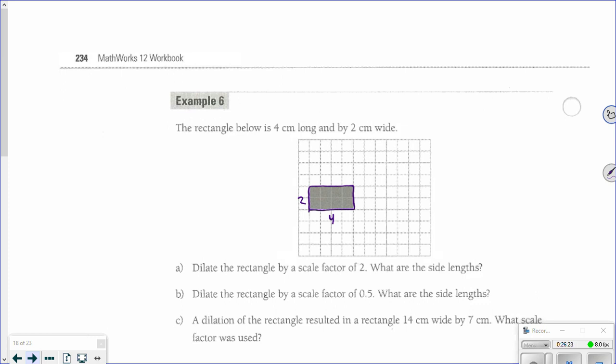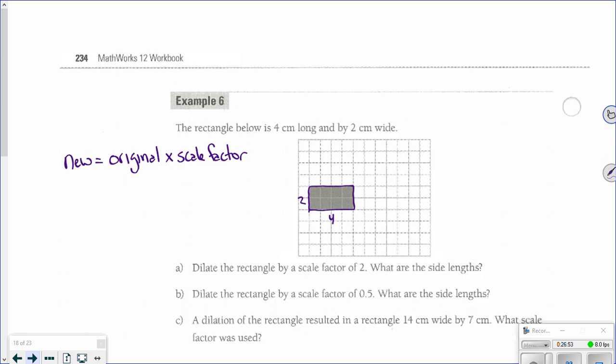So to change something by a scale factor, you always take your original and you times it by the scale factor. If I want to find my new length, I take my original length, times it by the scale factor. If I want to find my new width, I take my original width, times it by the scale factor.